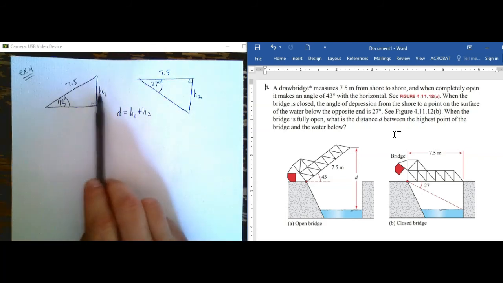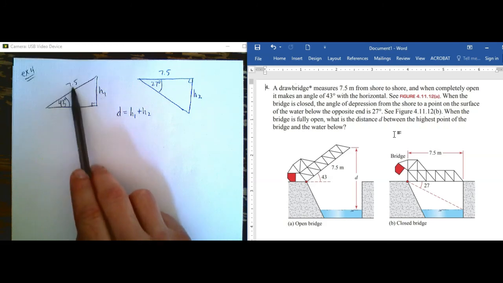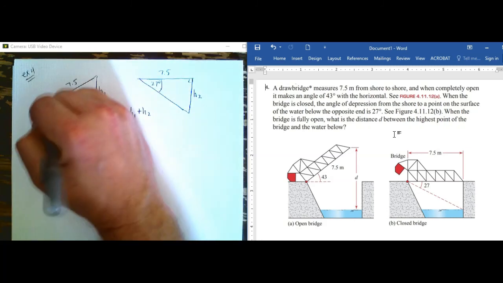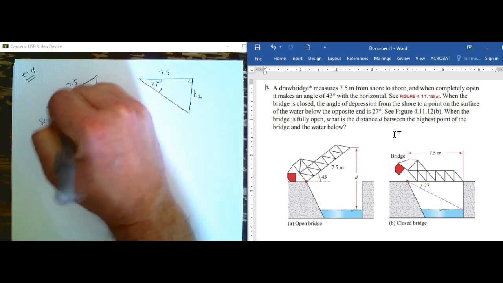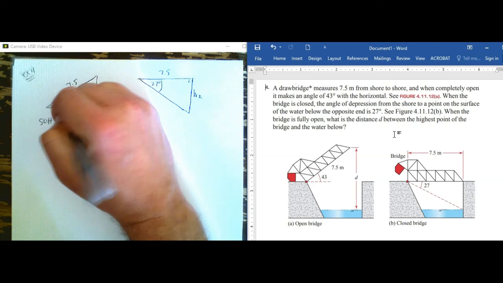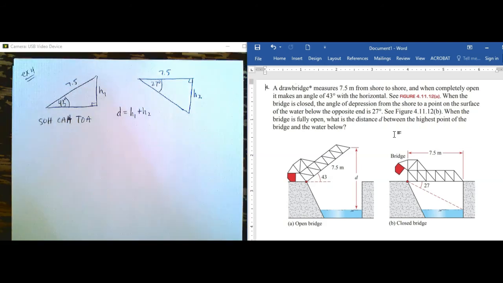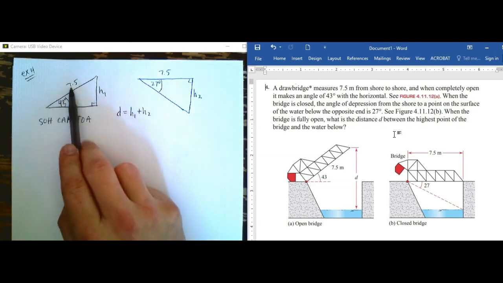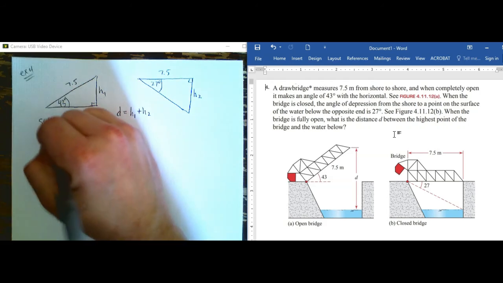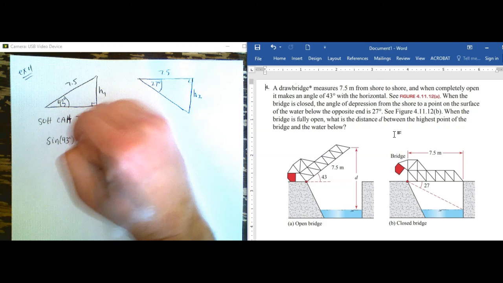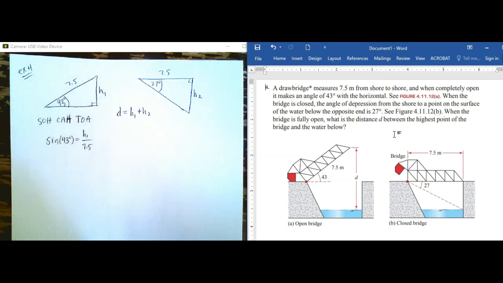With this one, to find h1, we have the opposite and hypotenuse. So remember SOHCAHTOA. SOHCAHTOA tells us that sine relates opposite with hypotenuse. So for this one, the sine of 43 degrees must equal h1 over 7.5.